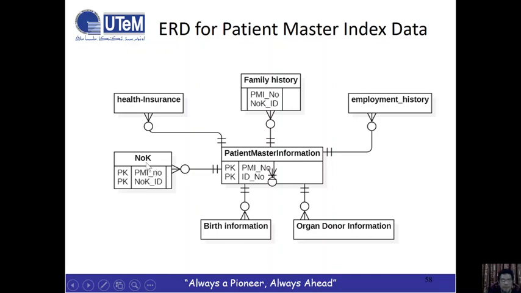So this next of kin we link to the patient master information. Family history or family information: let's say Ali has 5 kids, so we have 5 kid IDs, different IDs, that link to the patient master information.